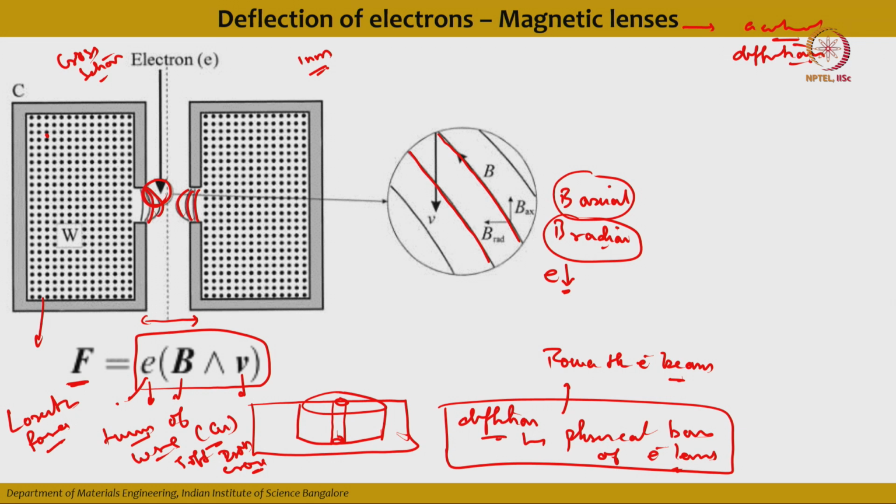Now to understand it better, when you don't apply any electric field, the force F is a vector normal to the velocity and the magnetic field, which are inclined to one another at an angle phi, given by this particular equation.